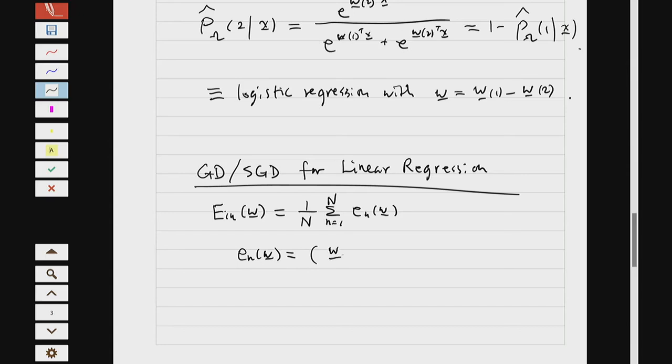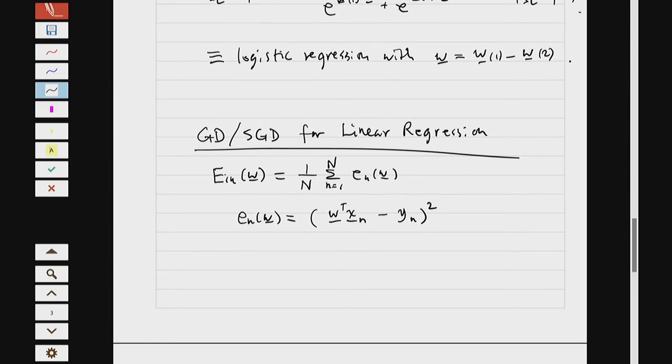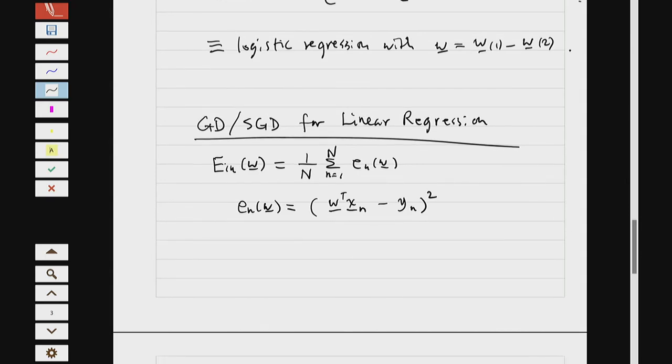For regression, the estimated label is simply this weighted sum of the input. We have seen this, and everyone should know this very well because in the one-dimensional case, this is what you have seen even in high school.